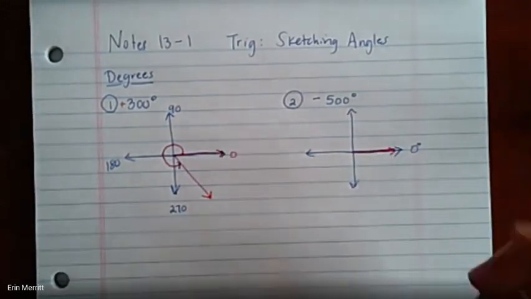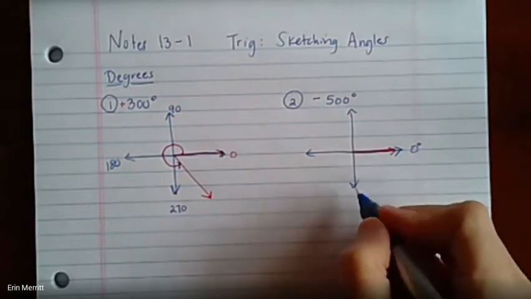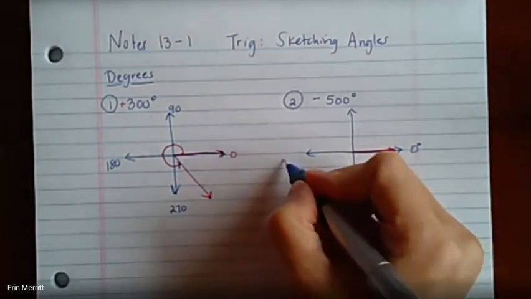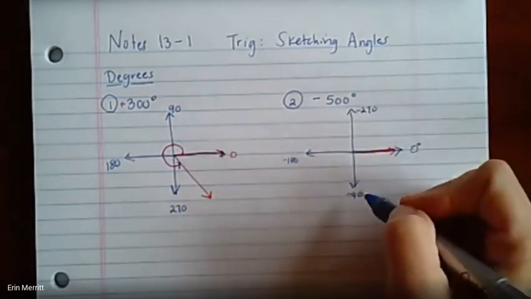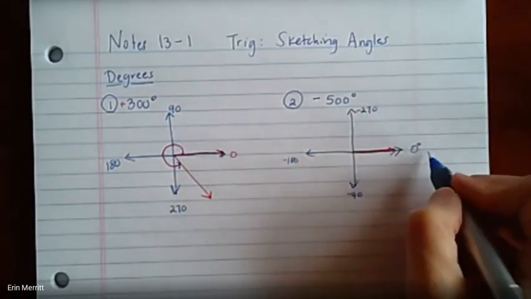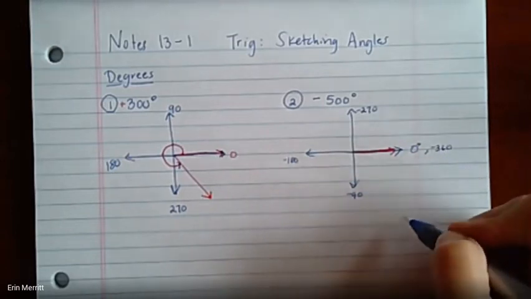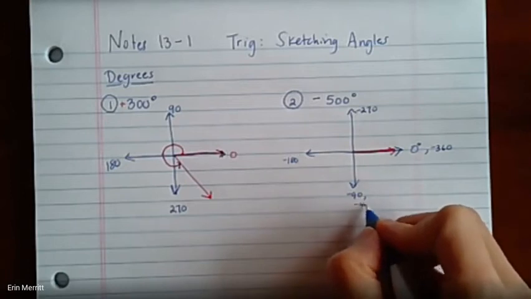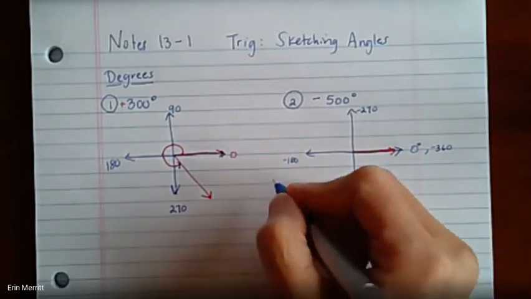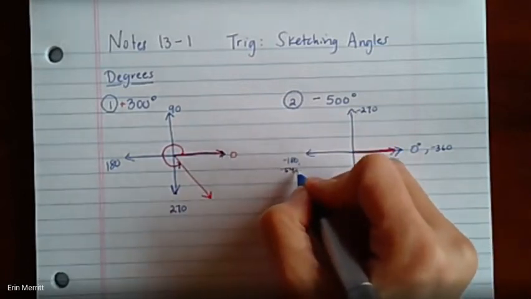And then think, if I rotate clockwise, this would be negative 90, negative 180, negative 270, negative 360. And if you start getting lost, just keep subtracting 90, negative 450. And then when we get up here, this would be negative 540.